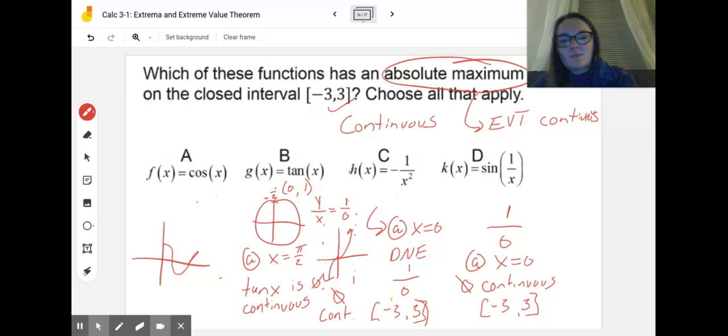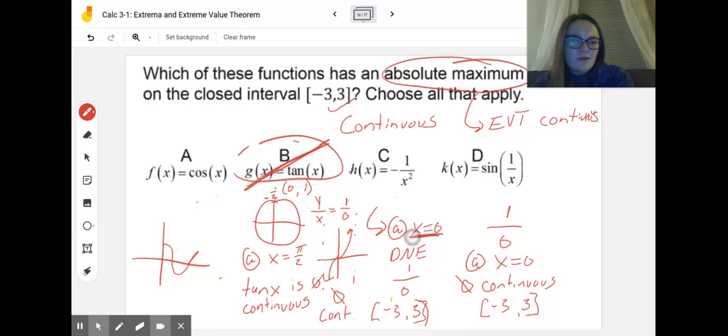Well, looking at this one, letter B, if we go back to our pre-calc days, I do believe I made you guys memorize this graph. The graph of tangent has an asymptote. The question is, does the graph of tangent have an asymptote between -3 and 3? It does. It has an asymptote at pi over 2, and it has it at -pi over 2. So this one's not continuous. I'm going to take it off my list. Letter C, 1 over x squared. Well, if I were to graph 1 over x squared, it would have an asymptote whenever the denominator equals 0.